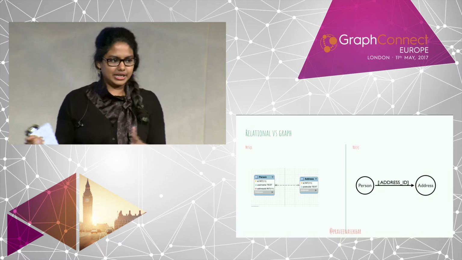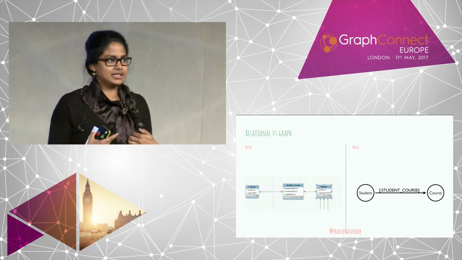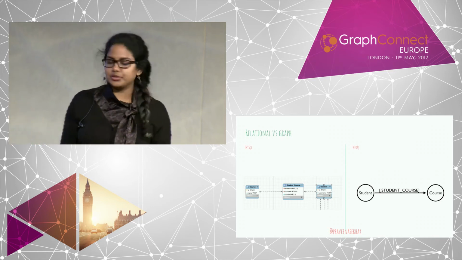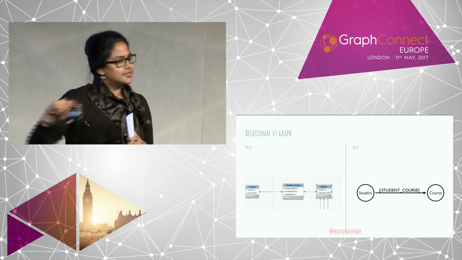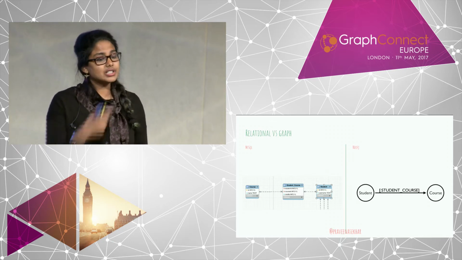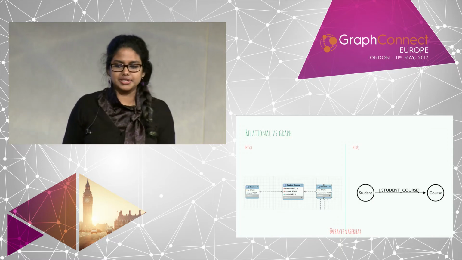So you have the foreign key of the address ID being linked in the person table itself, and you basically look up based on that. And in Neo4j, you would just say person lives at this address. And if you have more people living in the same address, you just add the relationship between these other different nodes.